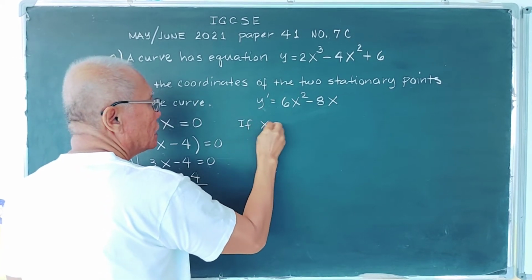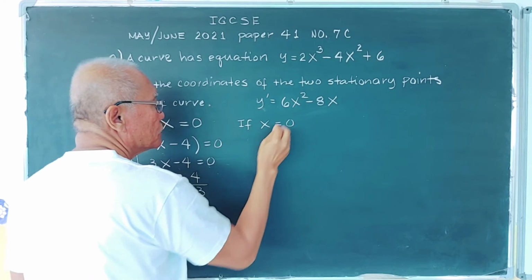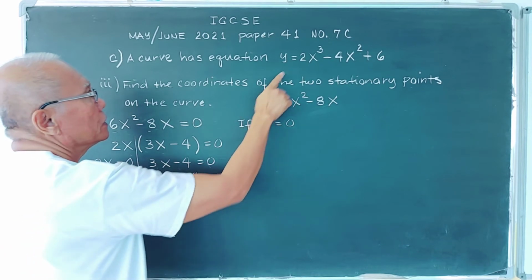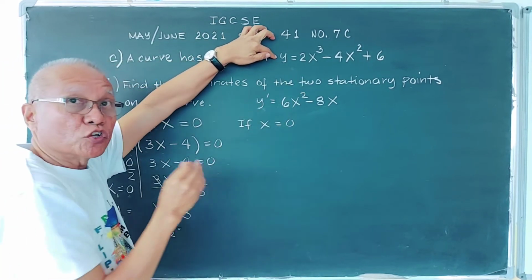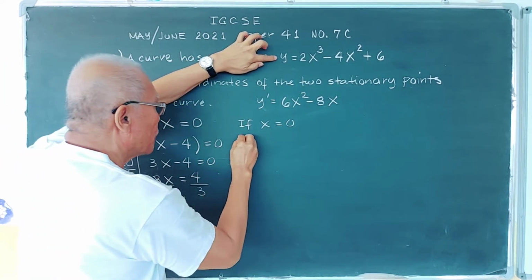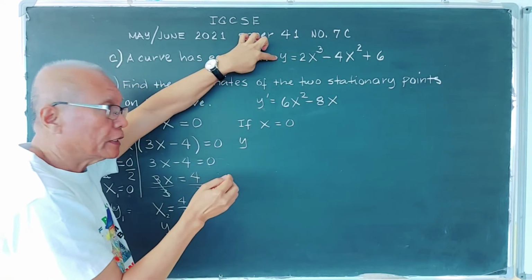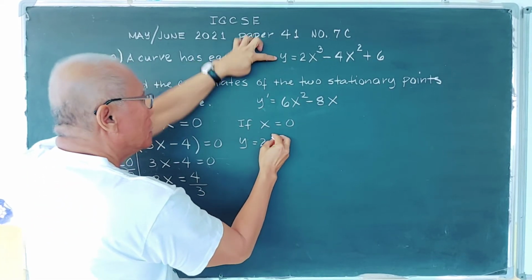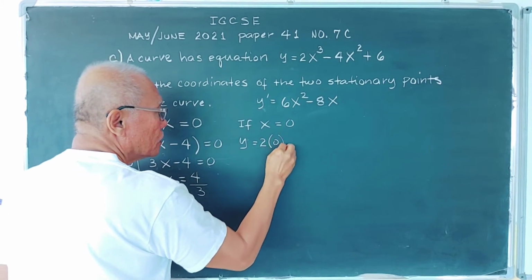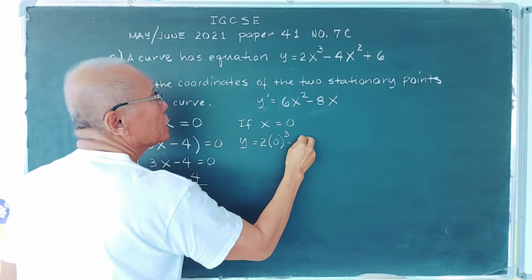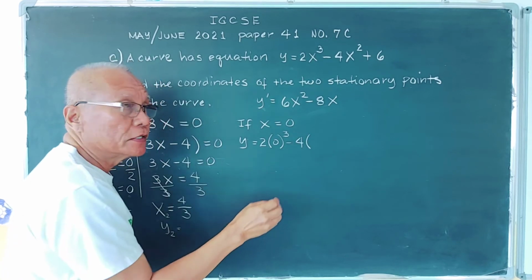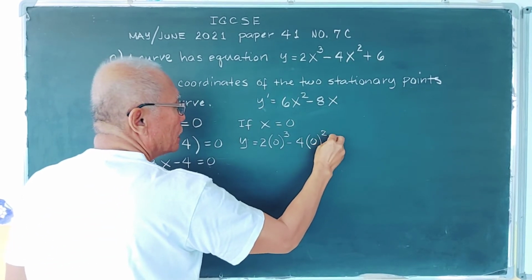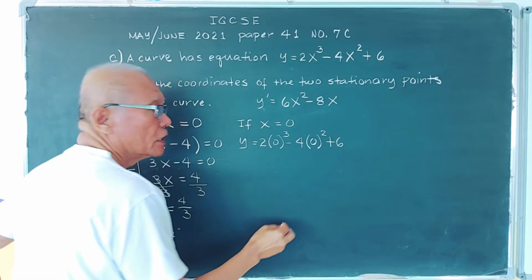If x is equal to 0, first this one, then here the original. So we have y, and that is the y coordinate, is equal to 2 times 0 cubed minus 4 times 0 for x squared plus 6.